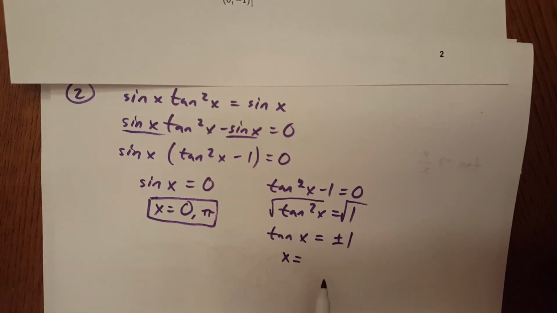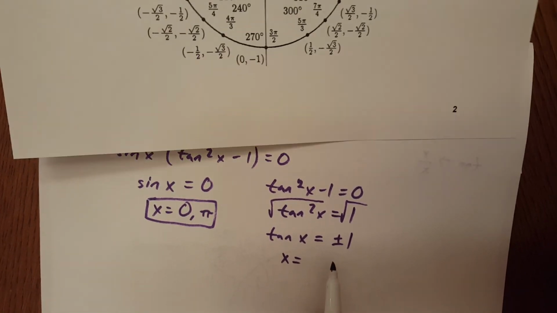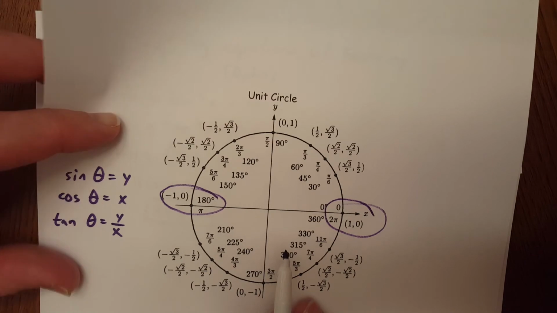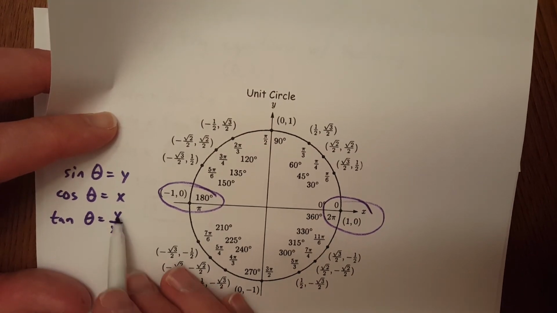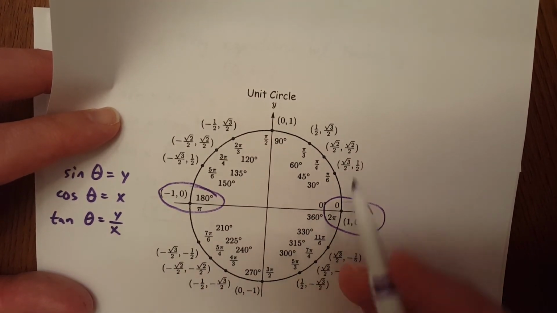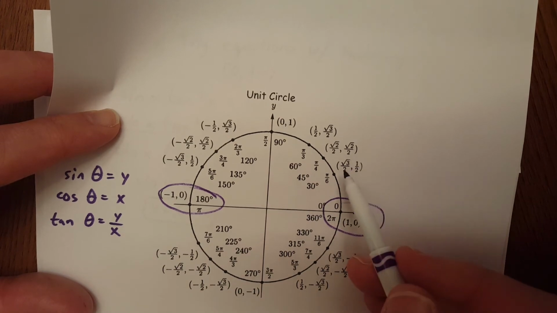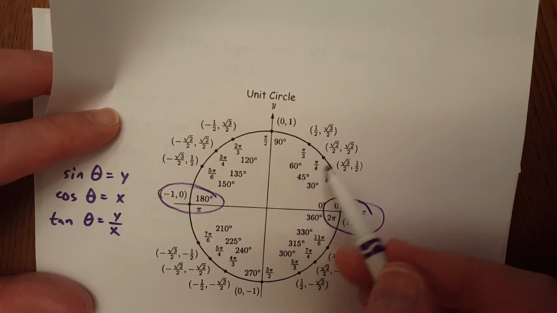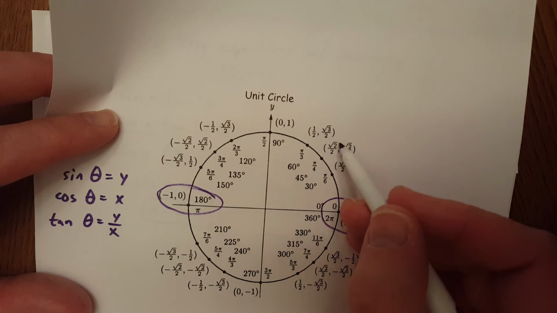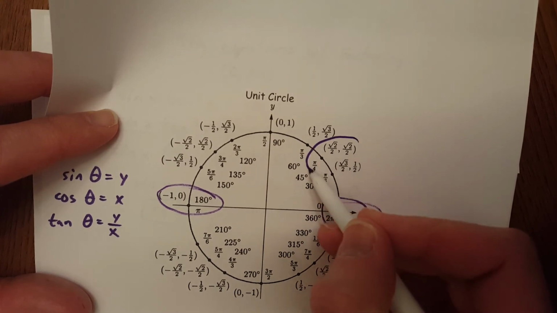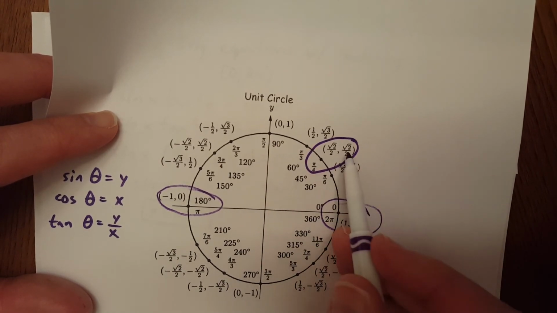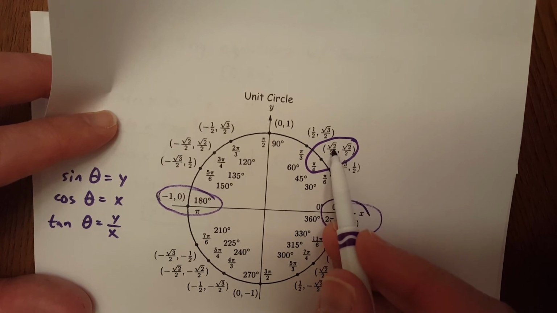We go to the unit circle and we find out where tangent is equal to positive or negative 1. So tangent again is y over x. The places where tangent's 1 or negative 1 is at multiples of pi over 4. So here's one version of it. Here's one example because y over x will be 1.